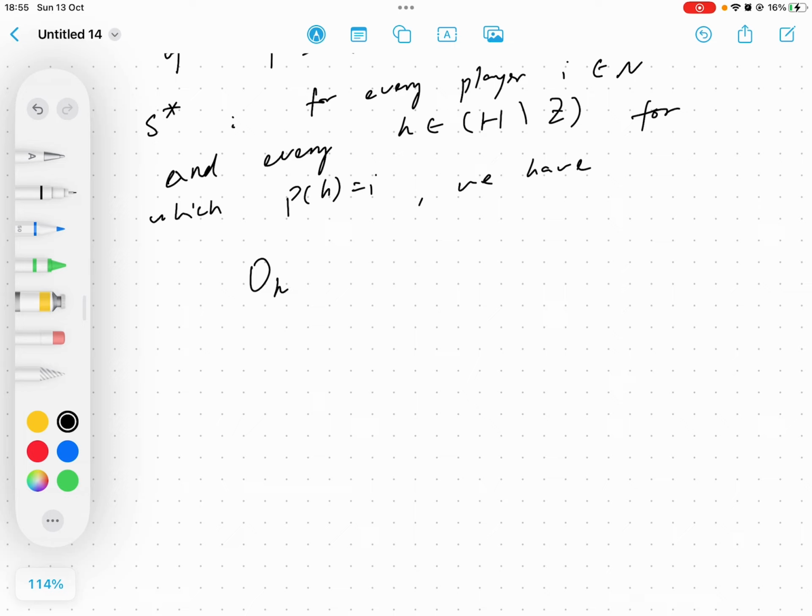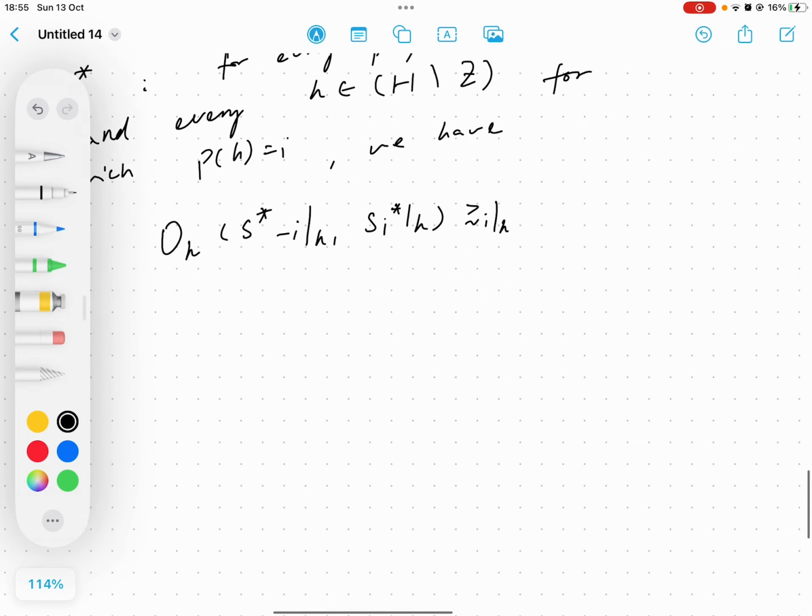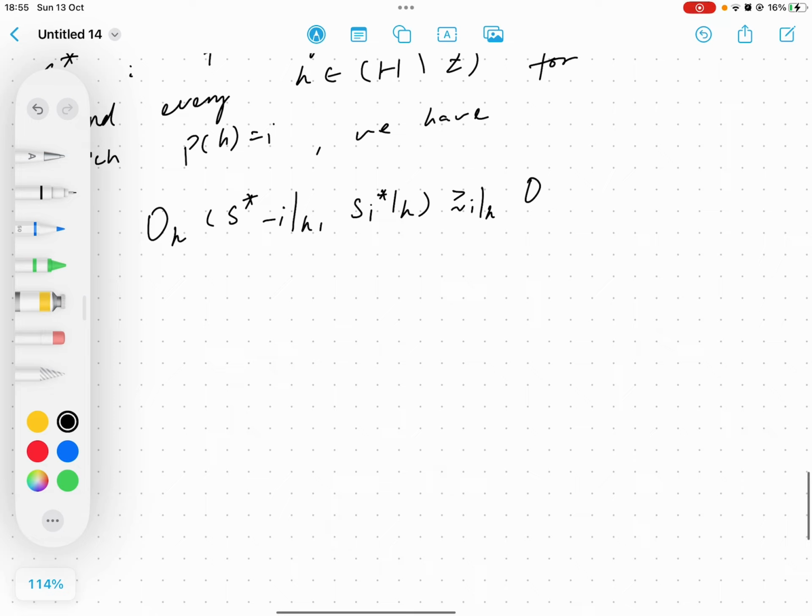Okay, so O_H of S star given all the other players following some H, strategy profile for player I following some H is really preferred, and also this notation is following some H. Okay, interesting.